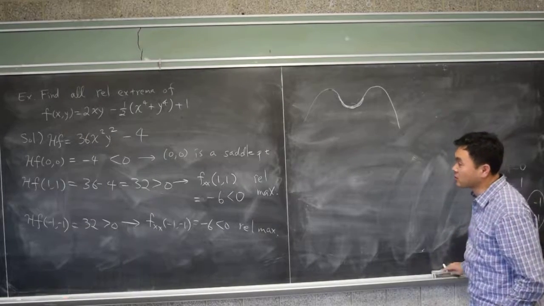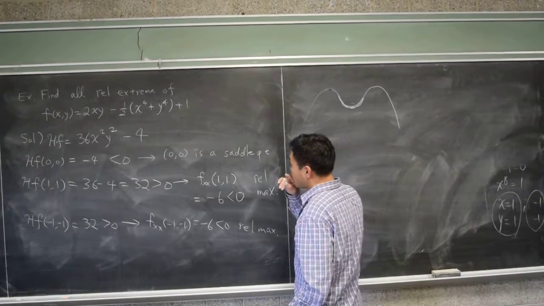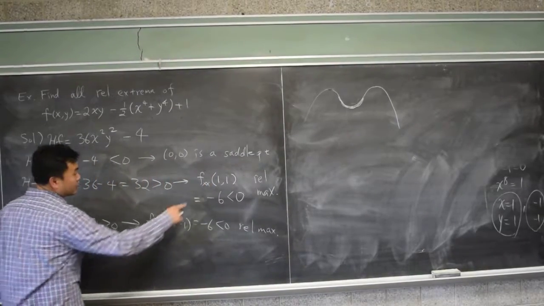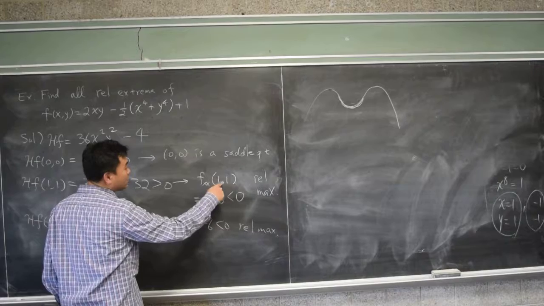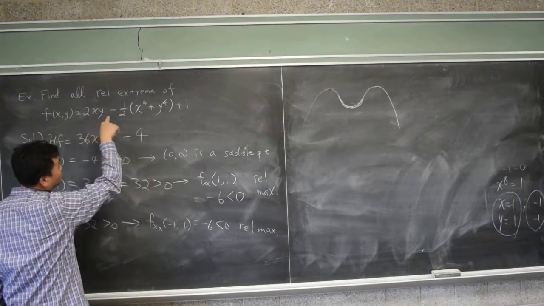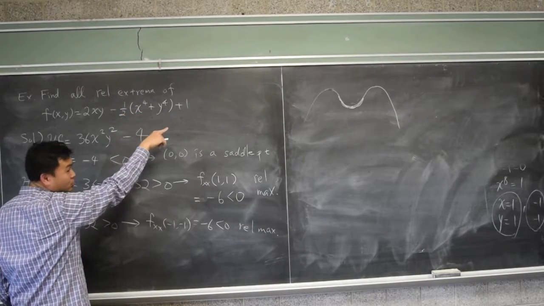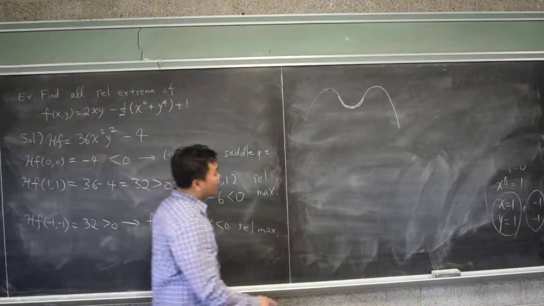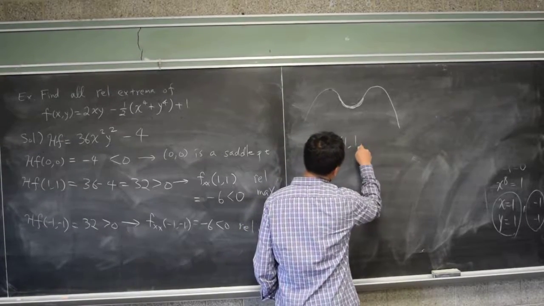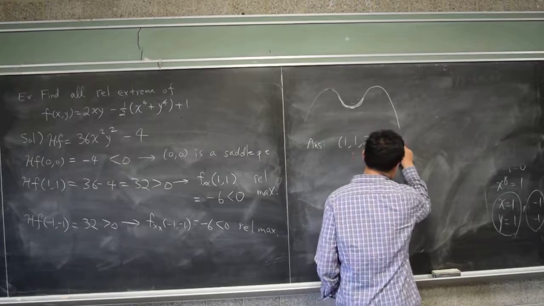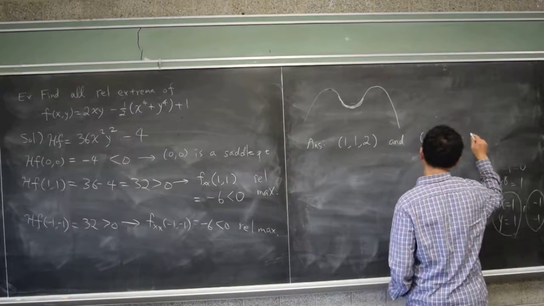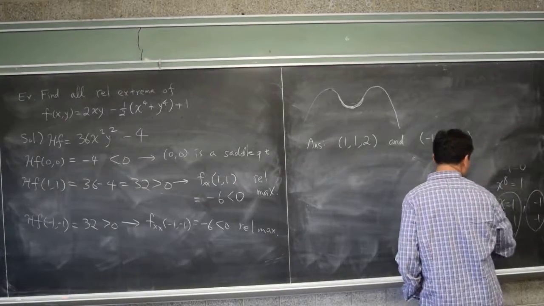So we should write down the answer. To finish this question, you should really say the z coordinates too. At 1, 1, if I plug in a 1, you get minus 1, 2, minus 1, plus 1, which is 2. So the answer is 1, 1, 2 and negative 1, negative 1, 2. In both cases you get 2.